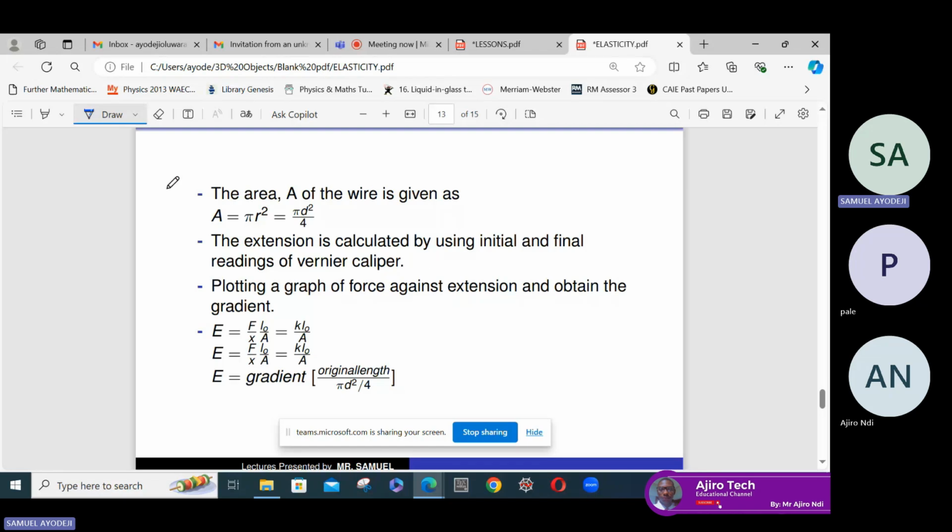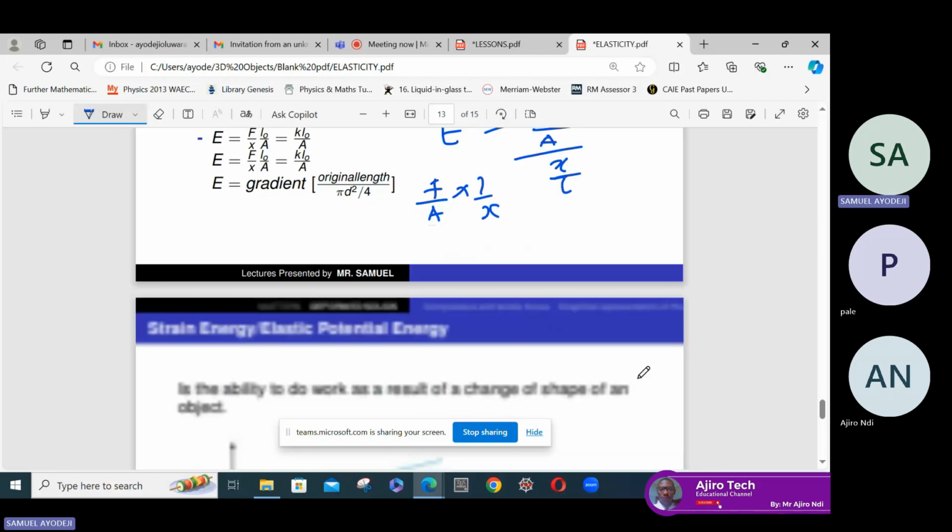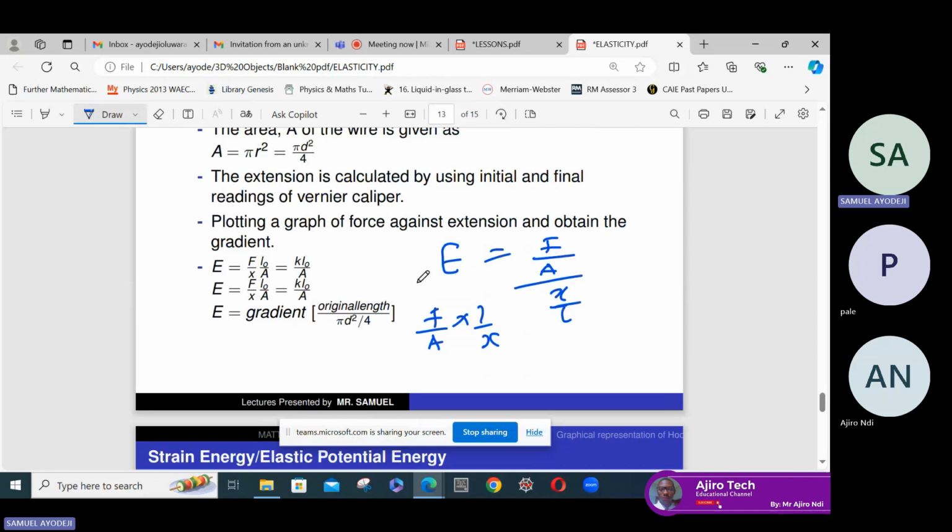From this particular formula, the modulus is force over area, over extension over length. Do the mathematics, and you're going to have F over x like this.